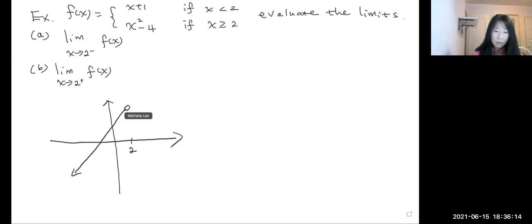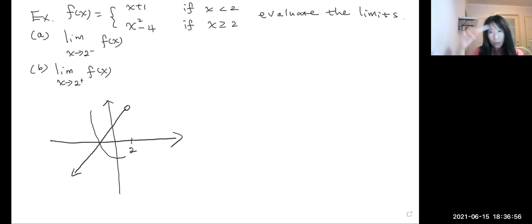Okay. Now, x squared minus 4, which is a parabola, open upwards, right? And y-intercept at -4. So like this, right? But then x is greater or equal to 2, right?